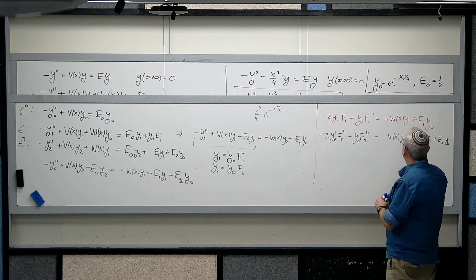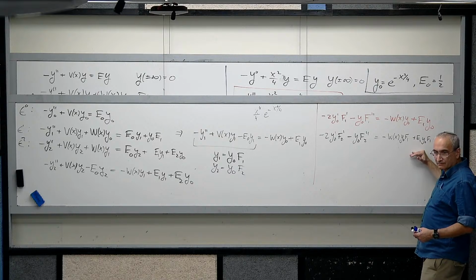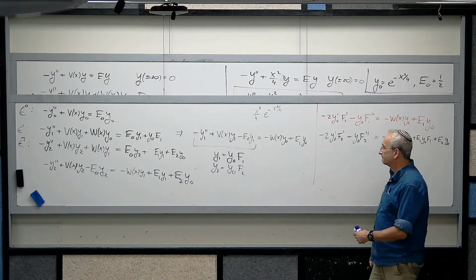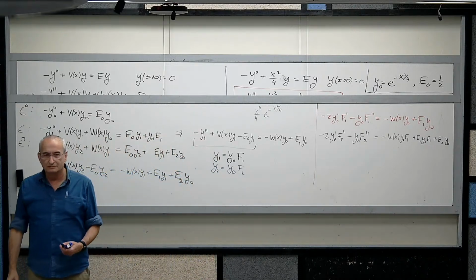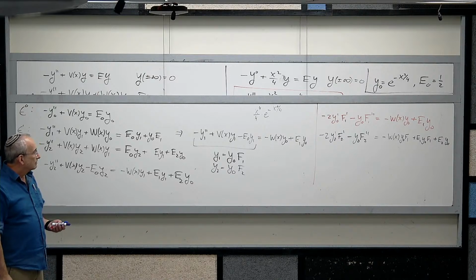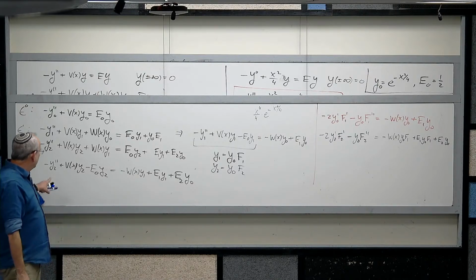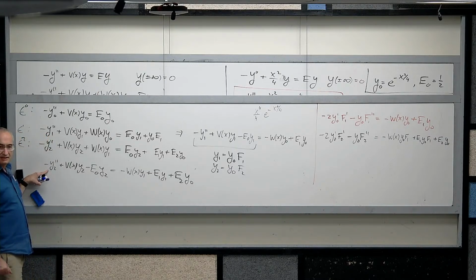Good. Now the question is how to solve such an equation. But the homogeneous solution for both f1 and f2 should be the same, because it is the same equation. Yes, the y naught is the same y naught, and this part is exactly the homogeneous equation.